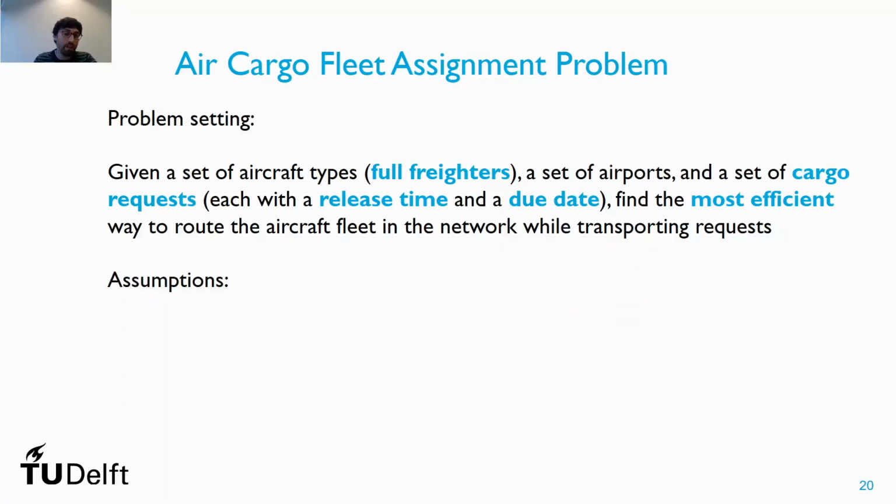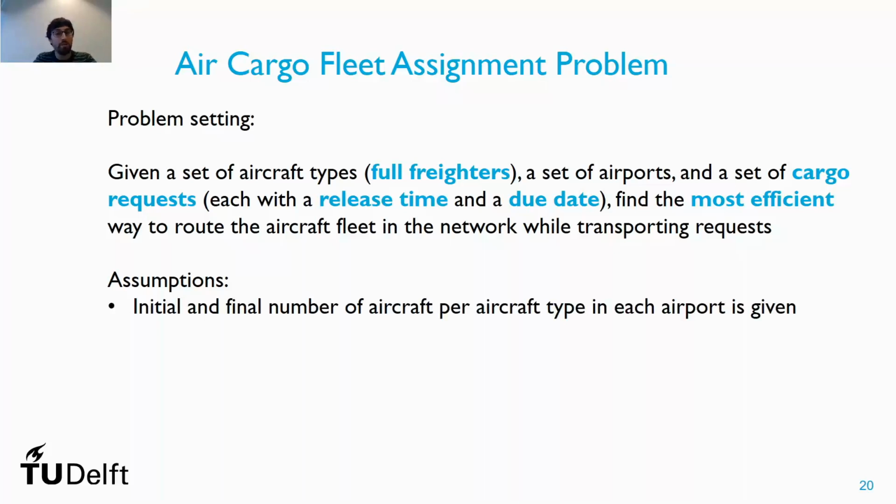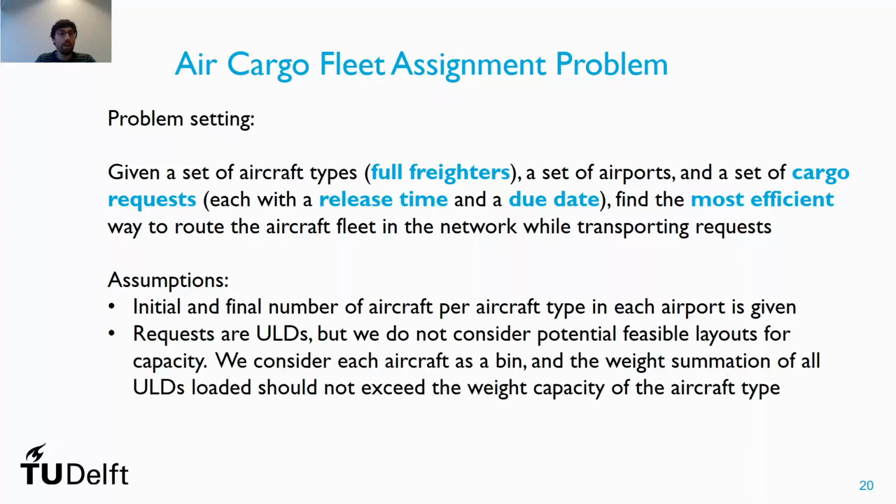Of course, like many other models, we'll deal with some assumptions. First, the initial and final number of aircraft per aircraft type in each airport is given. Then, requests are already consolidated ULDs, but we do not consider potential feasible layouts for capacity, as we saw in the previous lecture.